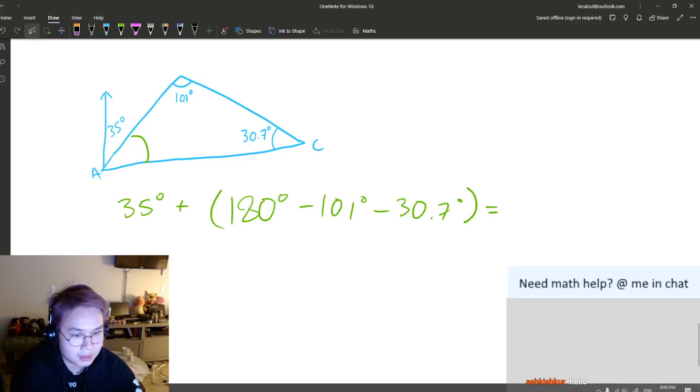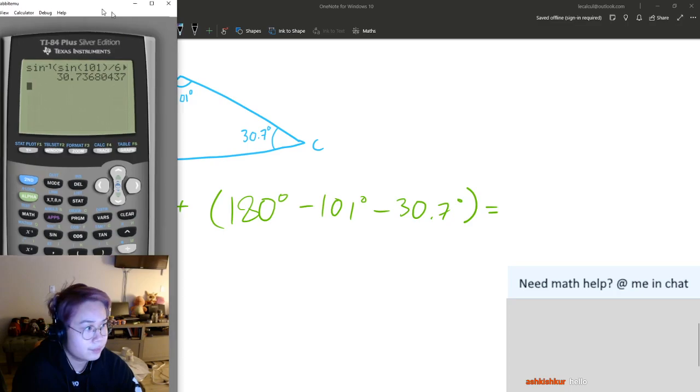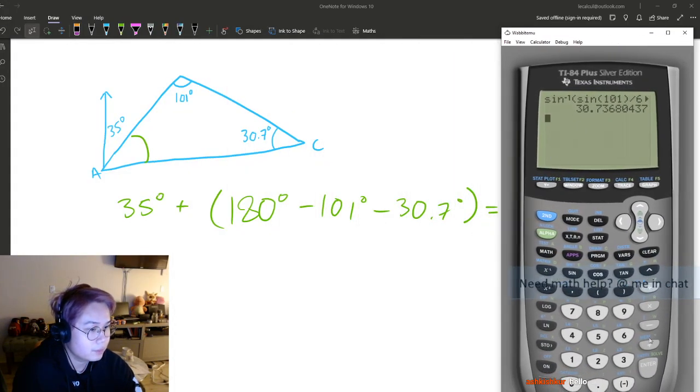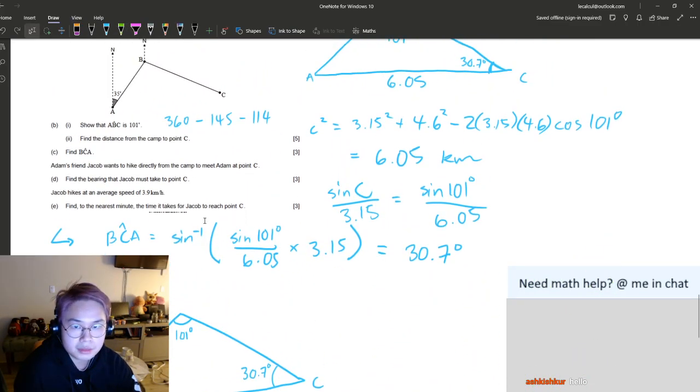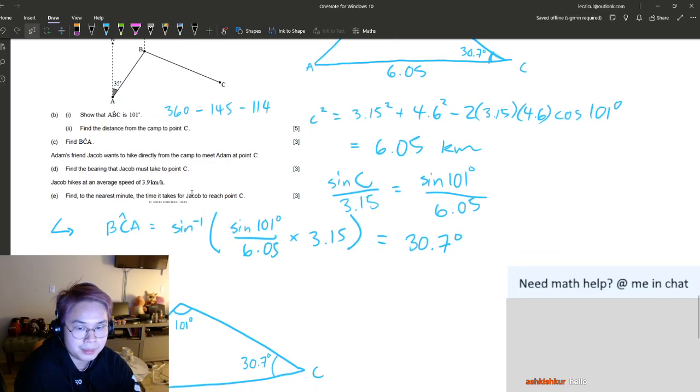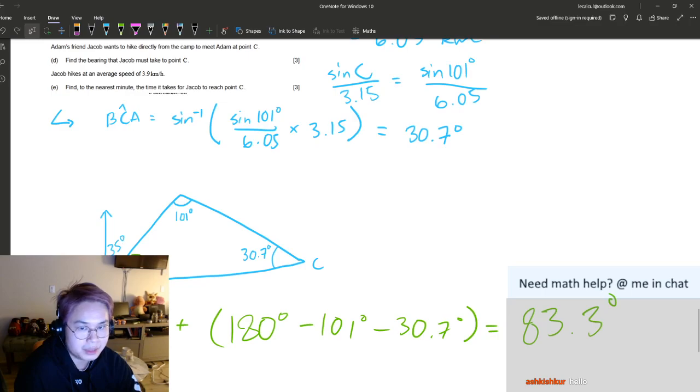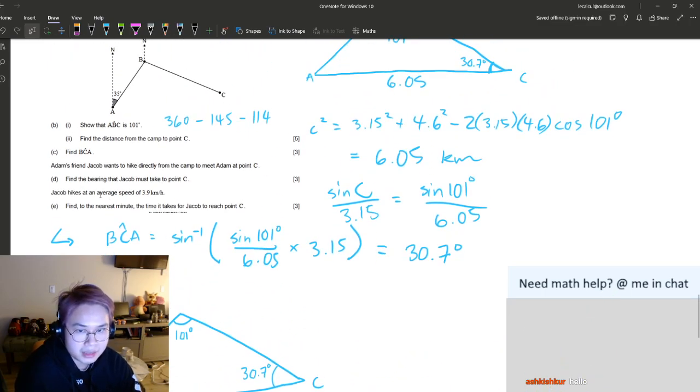And again, this is all calculator work. 35 plus 180, subtract 101, subtract 30.7, which is 83.3. So that is the bearing, 83.3. 35 plus this angle. And then Jacob hikes at an average speed of 3.9 kilometers per hour.